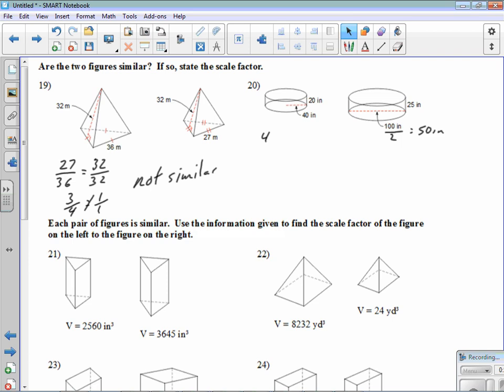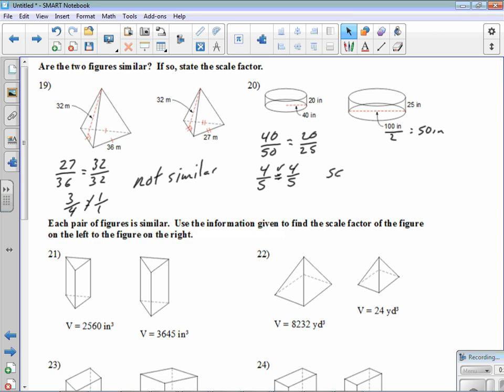So compare those. 40 over 50 for the radii should be equal to 20 over 25 for the heights. 40 and 50 divide by 10, which will give us 4/5. 20 and 25 both divide by 5, which will give us 4/5. So those actually are equal to each other.